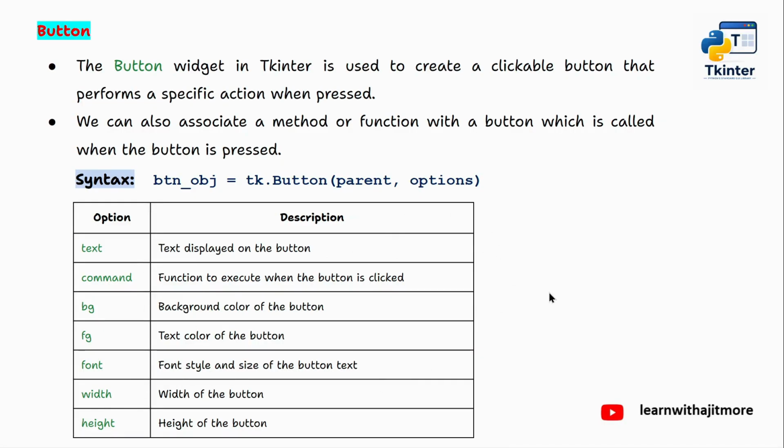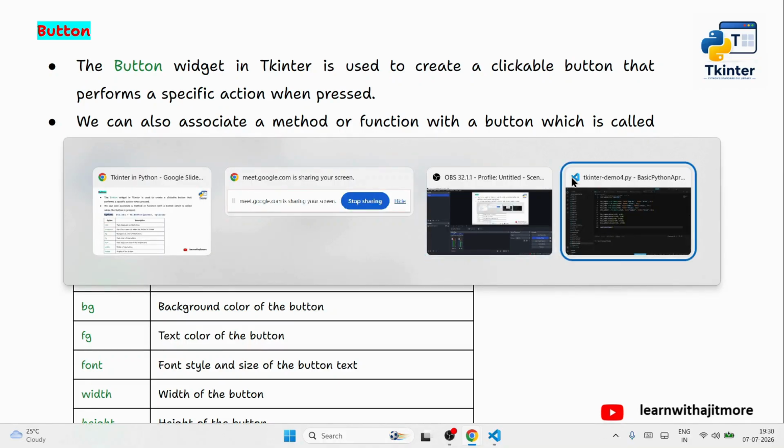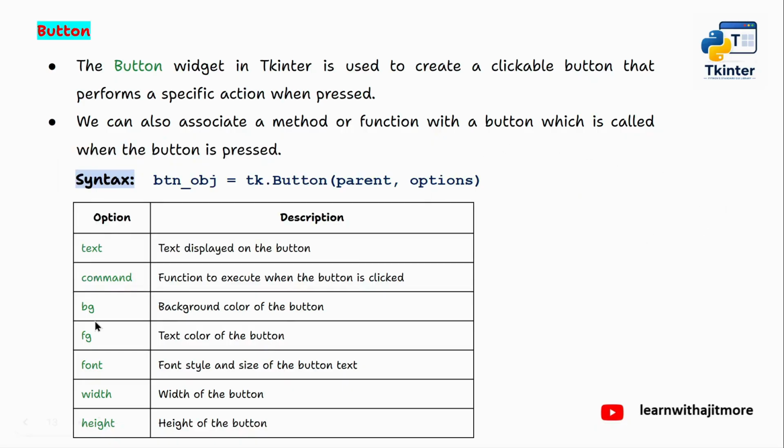Okay, so these are some standard options. A few more are there that I'll also tell you. And remember, many of these which I'm telling for button are applicable to many other widgets also. If you go to checkbox, radio button, it is applicable there too. So it is not like these are only applicable for button.